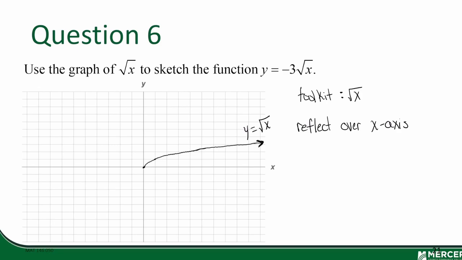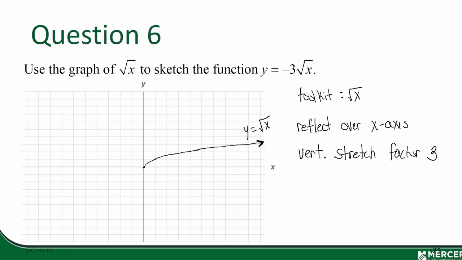What kind of compress? Vertical. I do agree, it's definitely a vertical. So it's a stretch. But if it's less than 1, would it be a compression? Is it less than 1? Is it just a 3, not a negative 3?